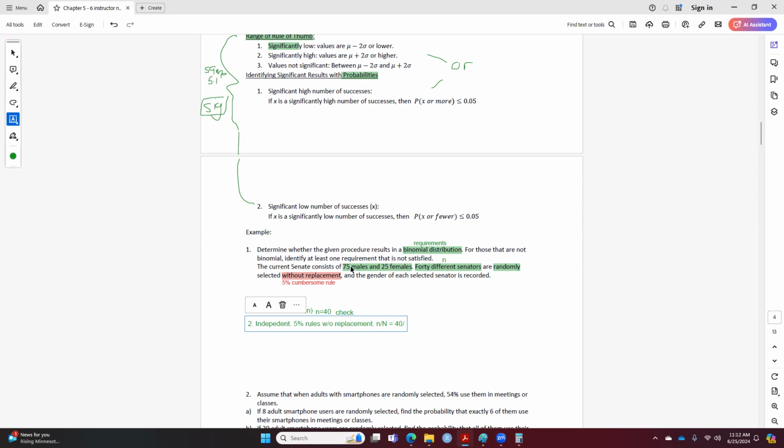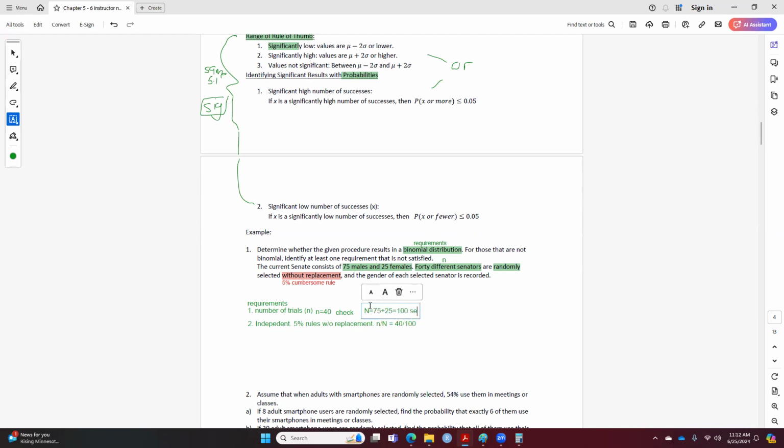But our capital N is the total number of senators in the whole US. There are 75 males and 25 females, so your capital N in this case is 75 plus 25, which is 100.